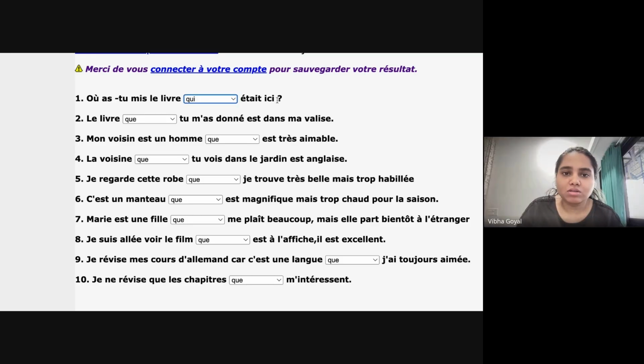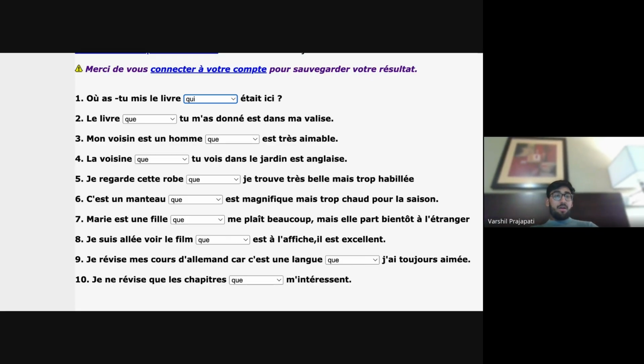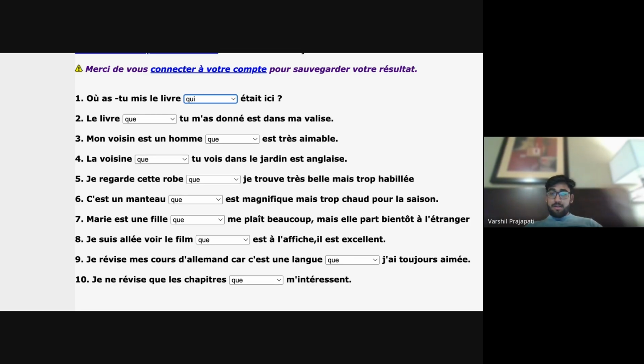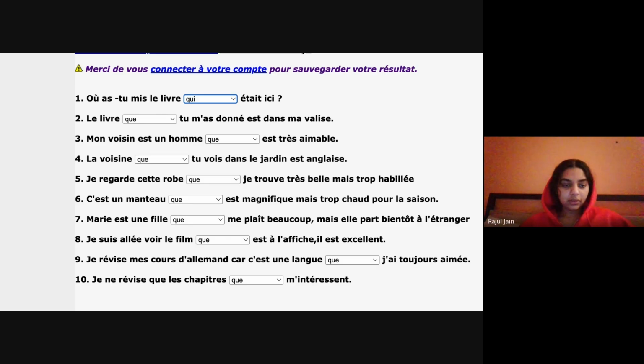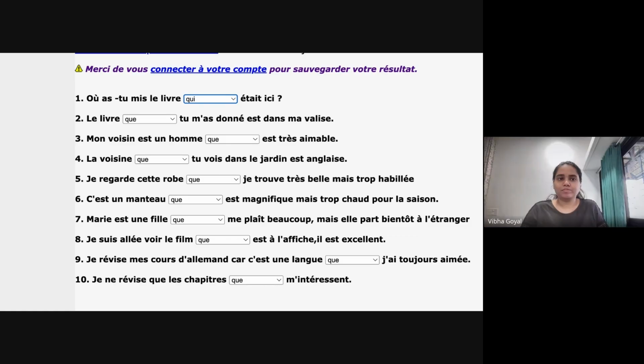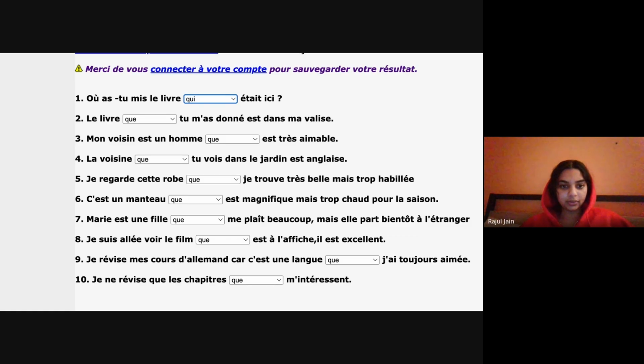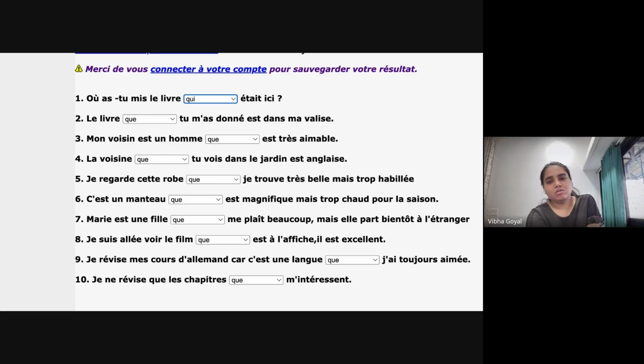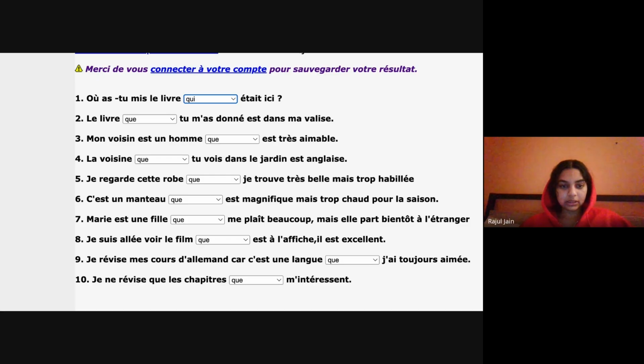Read the whole sentence. Tu as mis le livre qui était ici. Le livre que, second would be "que". Que tu m'as donné est dans ma valise.